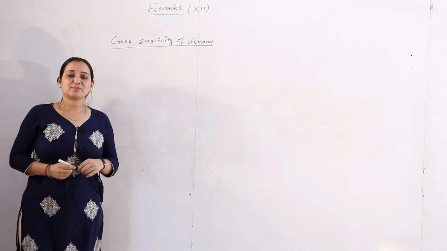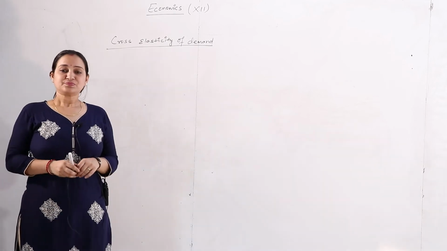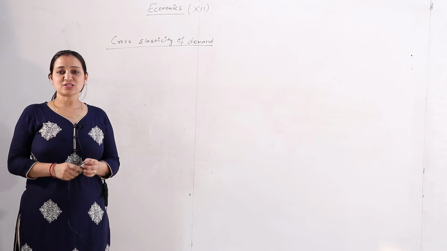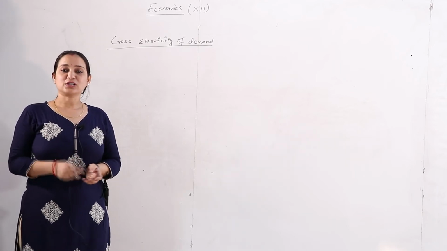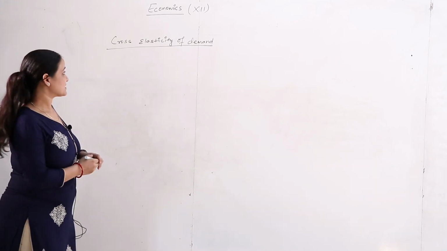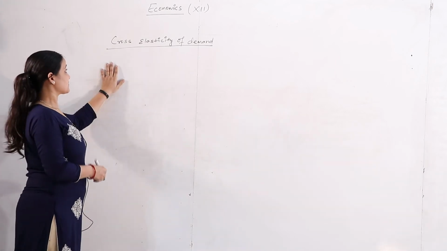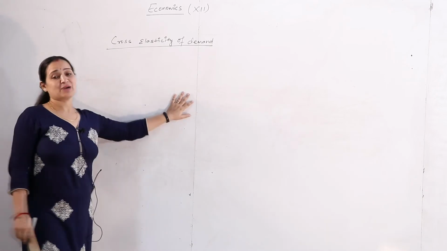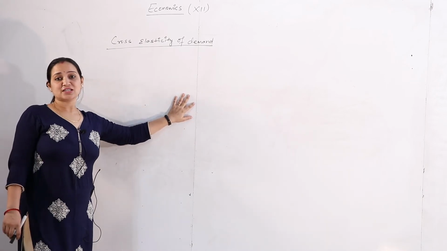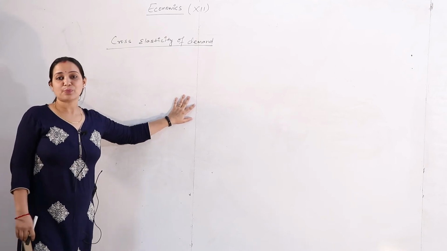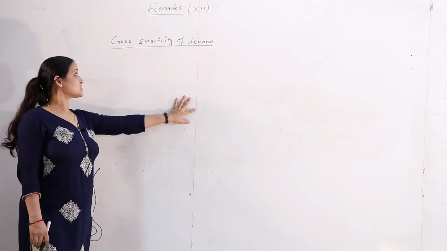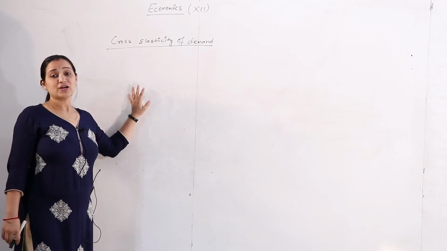Now cross demand means when the price of one good increases or decreases, what is the effect on the quantity demanded for another good, increase or decrease. That shows the cross demand. So here we describe the cross elasticity of demand. It means the percentage change in the quantity demanded for one good due to the percentage change in the price of another good is called the cross elasticity of demand.